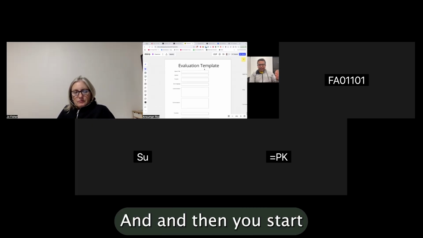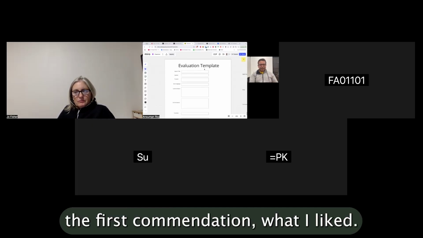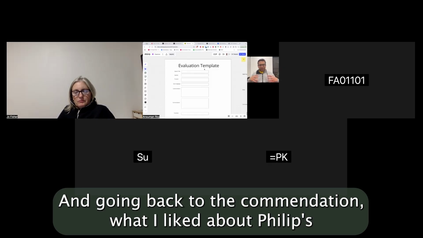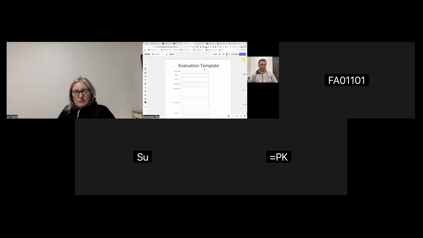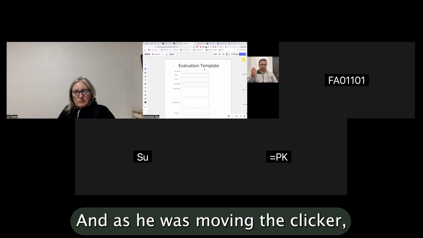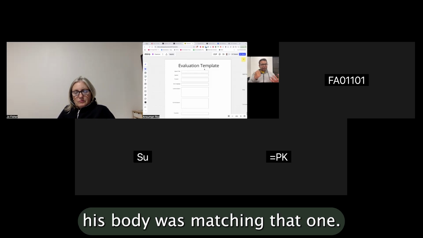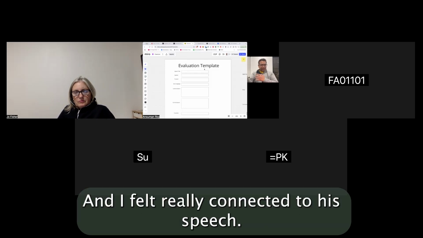And then you start the first commendation. What I liked about Philip's speech in particular was his use of technology. As he was moving the clicker, his body was matching that, and I felt really connected to his speech.